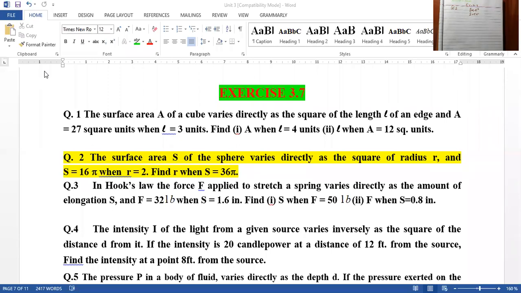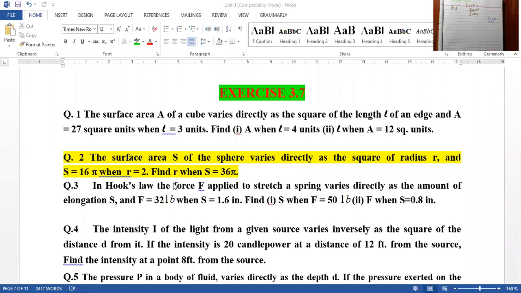You can see that S value is provided as 16 pi. So I'm writing here separately which pair is given to evaluate the value of K. S is 16 pi and radius is equal to 2.